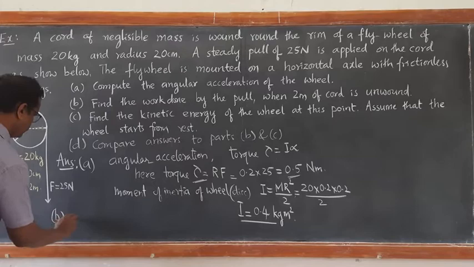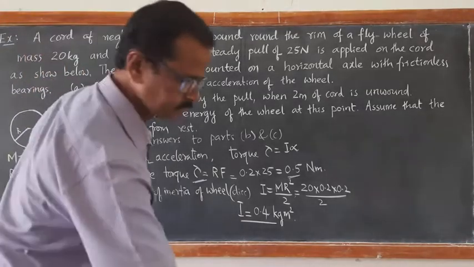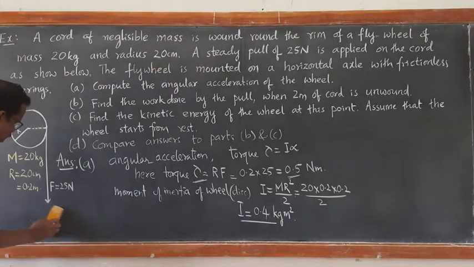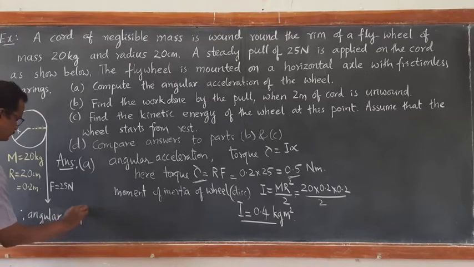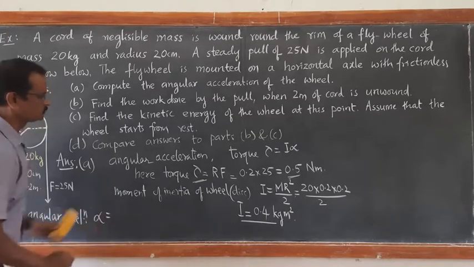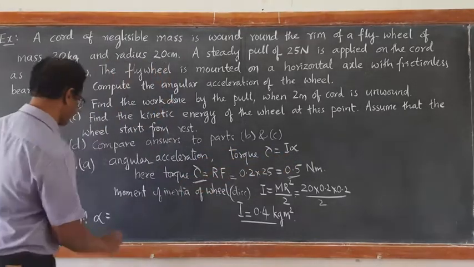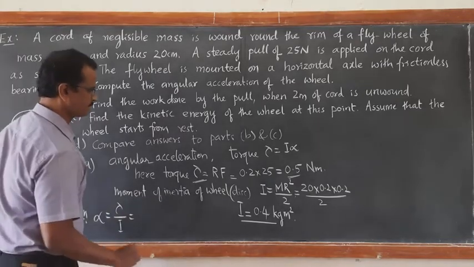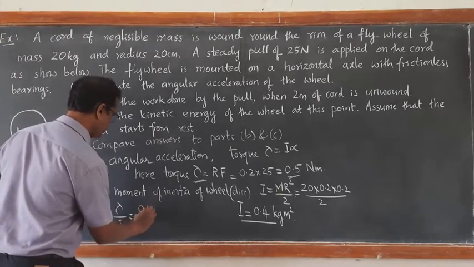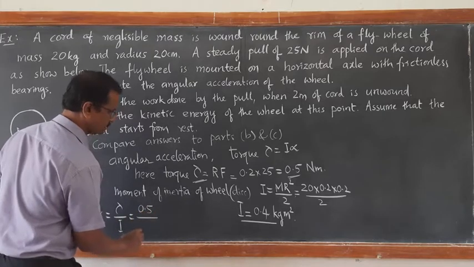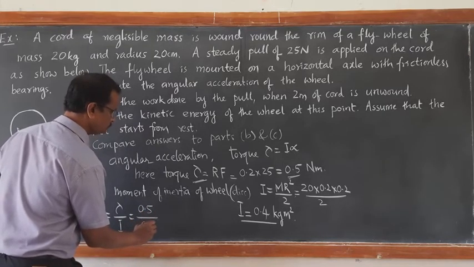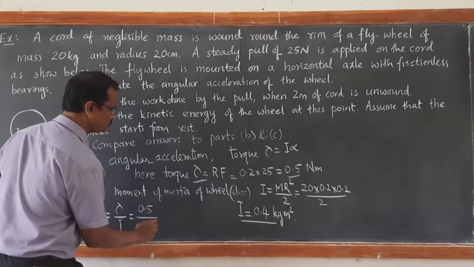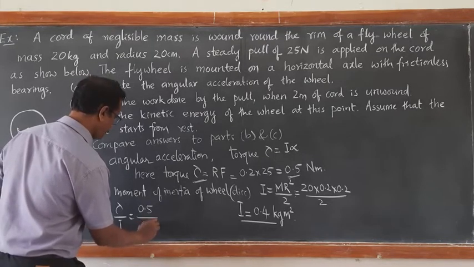Therefore, angular acceleration alpha, using this equation, alpha is equal to tau by I. Tau is 0.5 divided by moment of inertia 0.4.